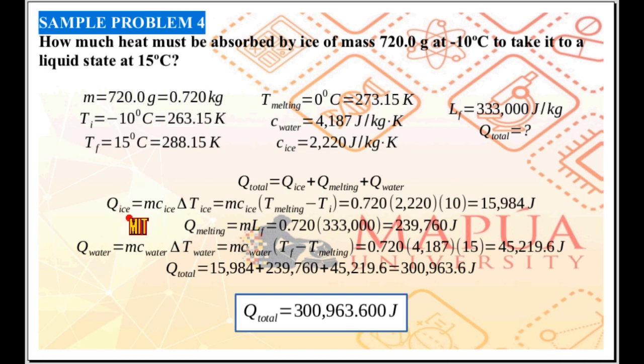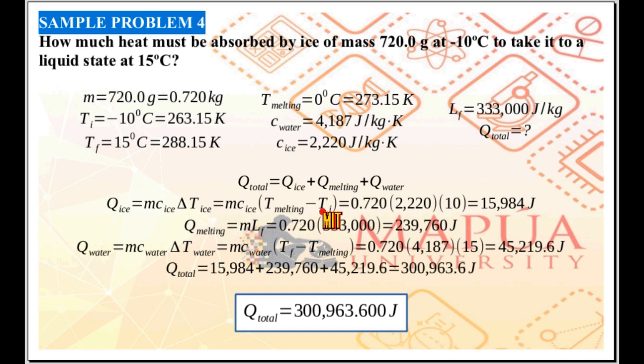Q ice is heat associated with the temperature change of ice. So Q is equal to mc delta T. Q ice is equal to m of the ice, C ice, delta T ice. Delta T ice is temperature change of the ice.